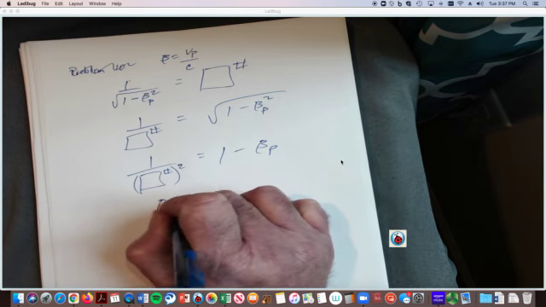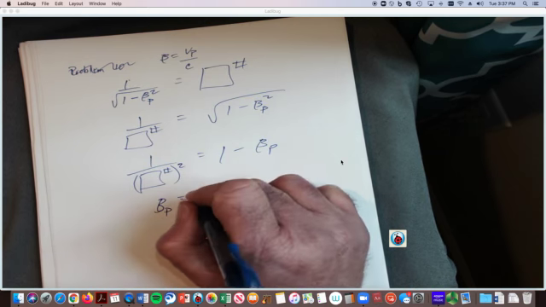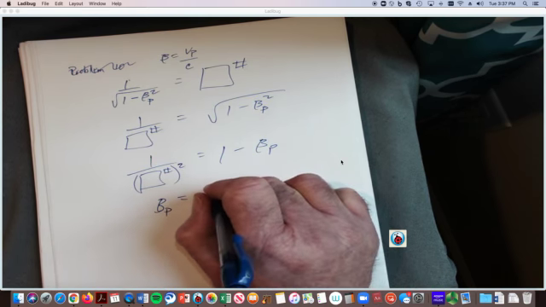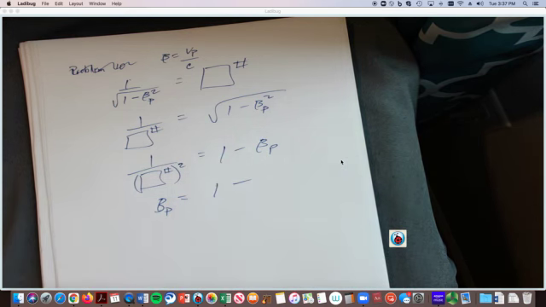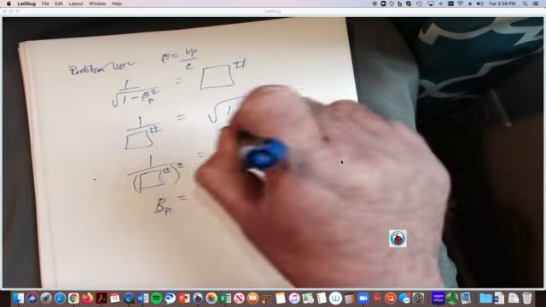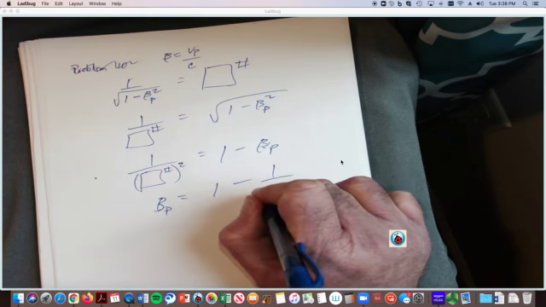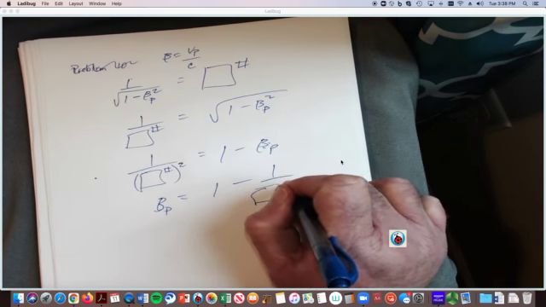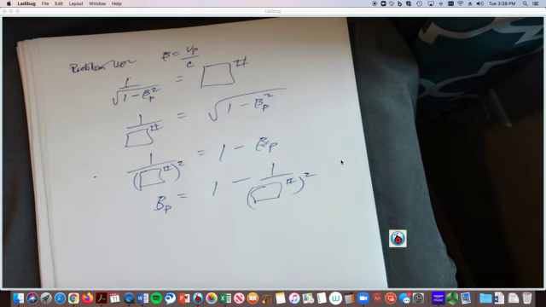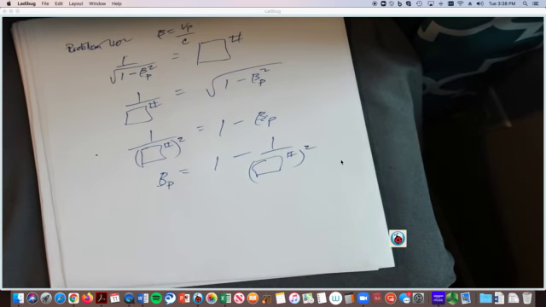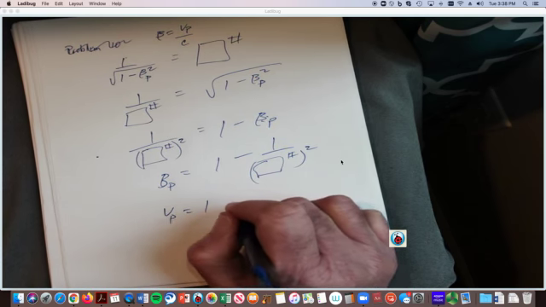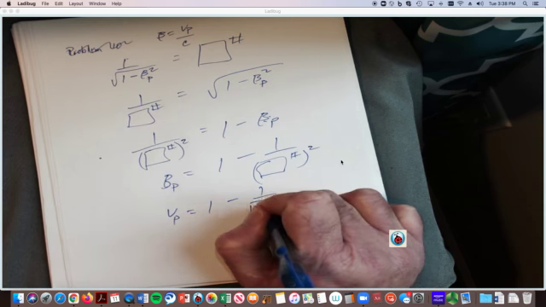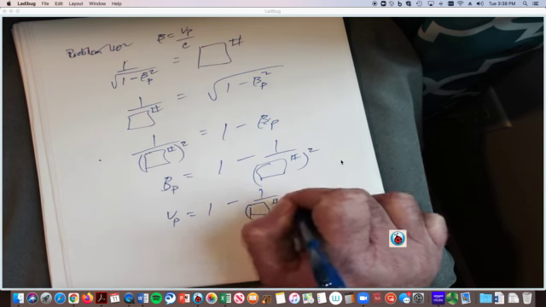And beta p squared is then equal to 1 minus 1 over that number squared. We know then that the velocity of the proton follows from 1 minus 1 over that number squared.